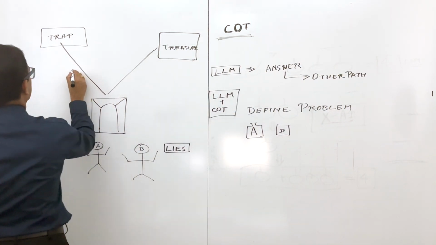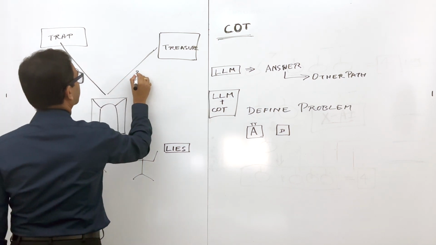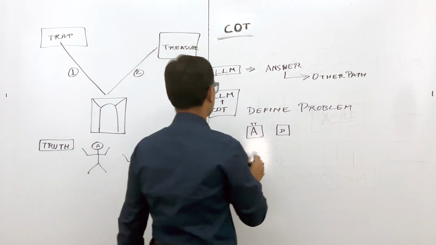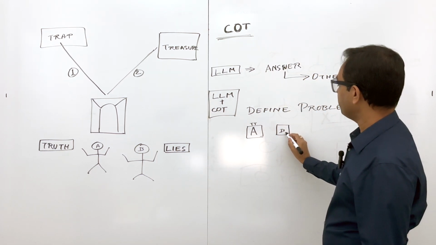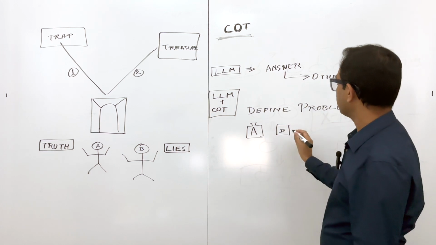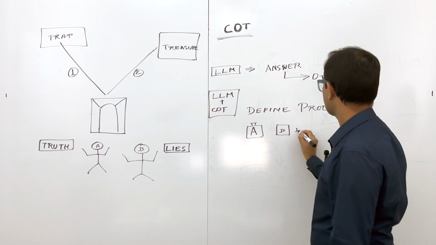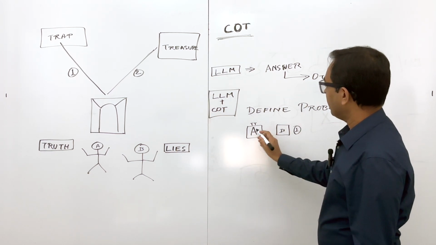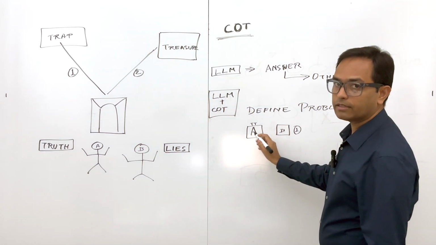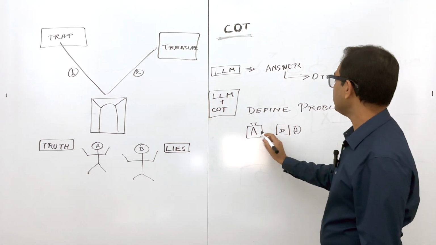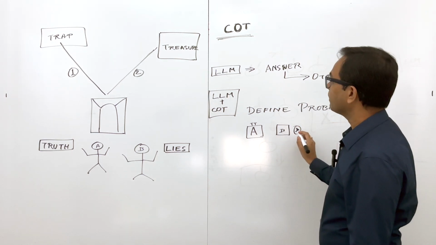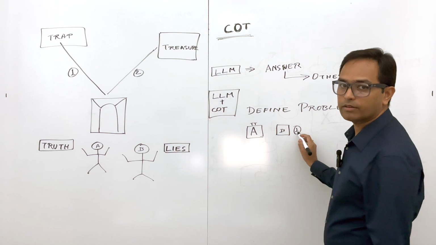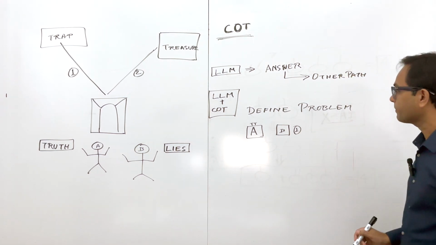Let's number the routes 1 and 2. B will always lie. So if I ask B where the treasure is, it will say 1. Since this guy always tells the truth, he will truthfully say that if you ask B, B will lie, and it will say, take route 1.